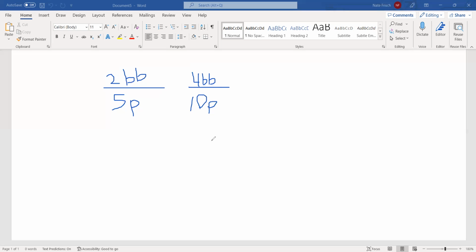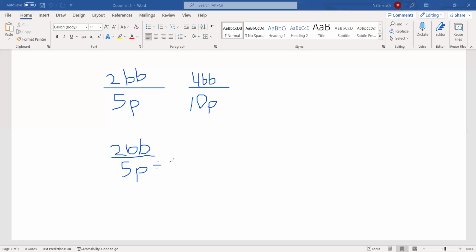A unit rate is based on one of something, typically one of the denominator. If there are 2 basketballs for every 5 players, a unit rate asks how many would it be for 1 player, which in this case might seem a little odd. To find a unit rate, you take your original ratio and get your denominator to 1.